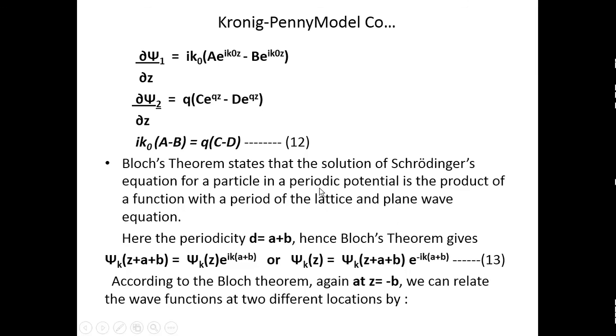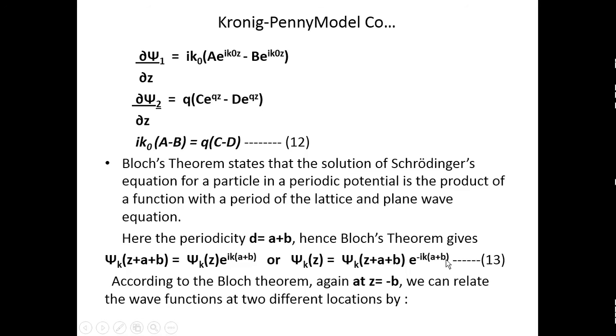So if you apply this theorem and form the equation, psi_k(z) is equal to psi_k(z + a + b) e^(-ik(a+b)), because the spatial periodicity of the periodic potential is d equal to a plus b.